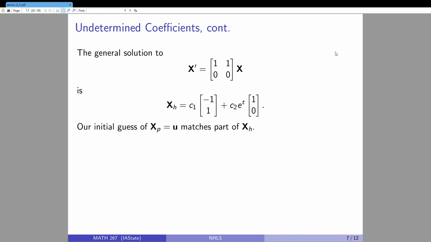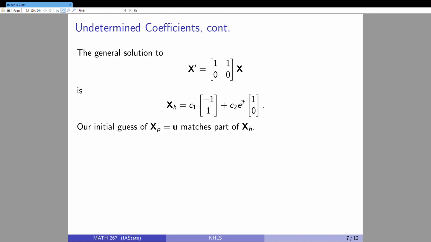And let's note that the first part here is exactly what our guess would have been, a constant vector. So plugging that in would solve the homogeneous, which means it can't possibly solve the non-homogeneous differential equation, because it's a solution for the homogeneous. Plugging it in would just give you 0 equals f, but we know that's not true. So we need to make a better guess.